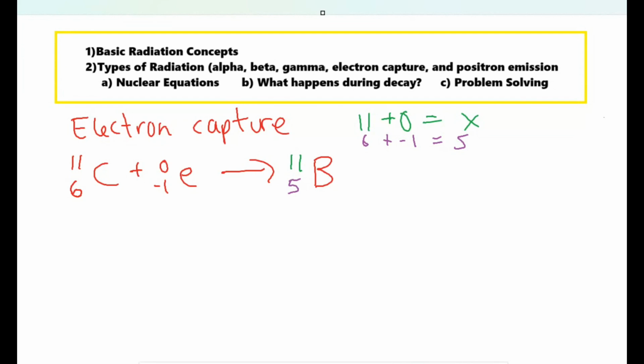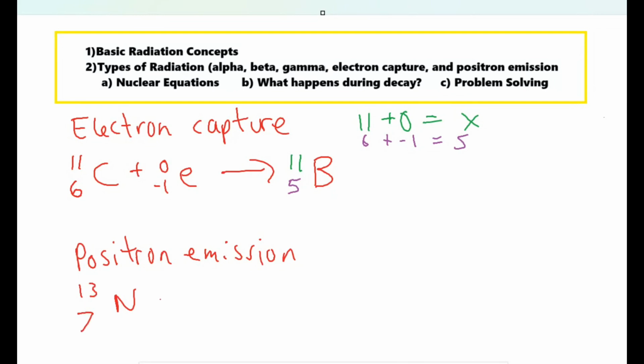All right, moving on to our last one, we have positron emission. Now with our positron emission, we might start off with something like a nitrogen 13, so we'll call that N. 13 for the mass, atomic number of 7 always goes along with our nitrogen.